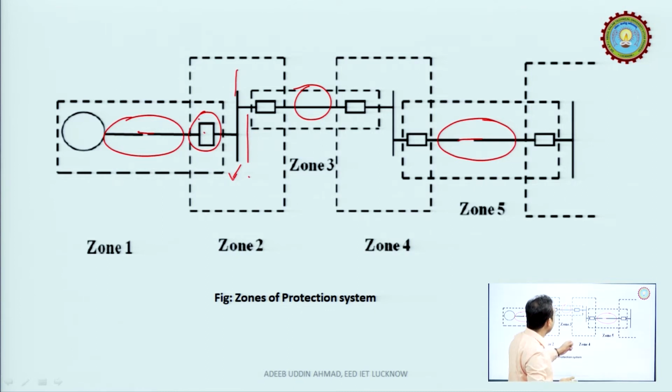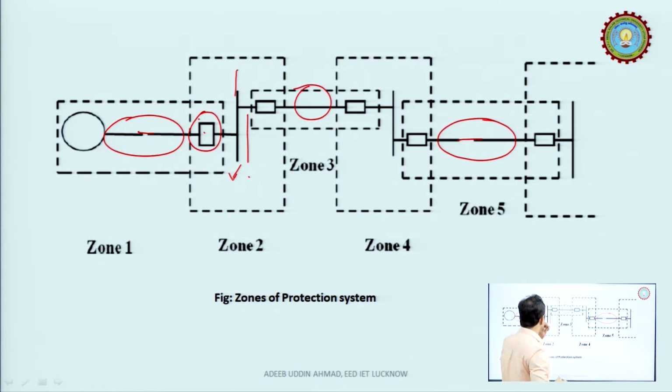We also have zone 4 and zone 5. The whole power system is divided into several zones, and this zoning is very important because the responsibility for a particular zone lies with the circuit breakers or the protection scheme related to that zone.